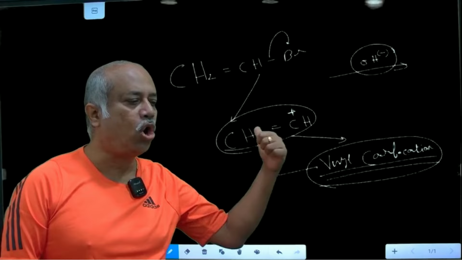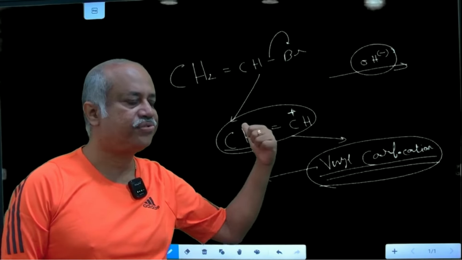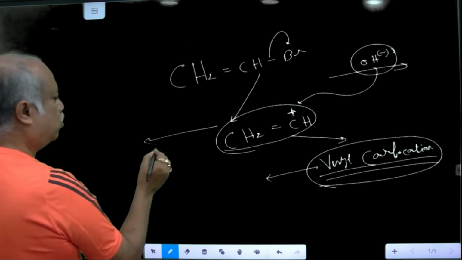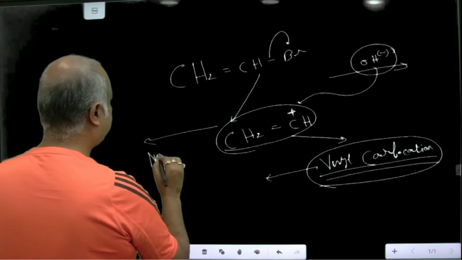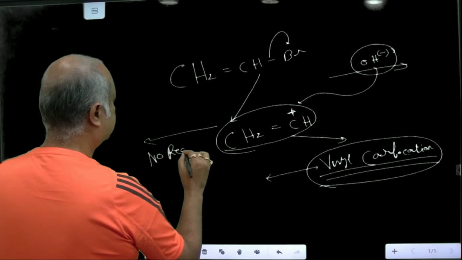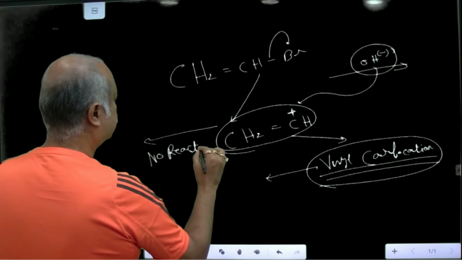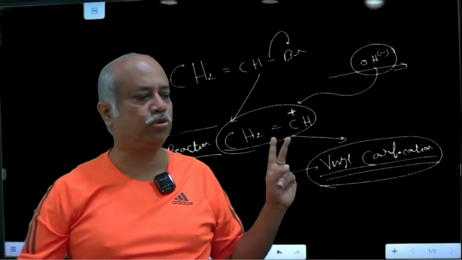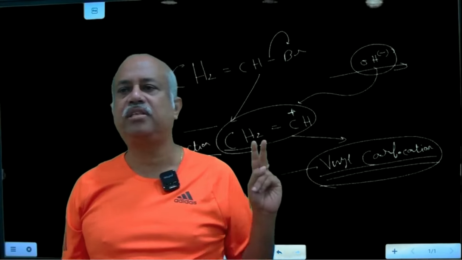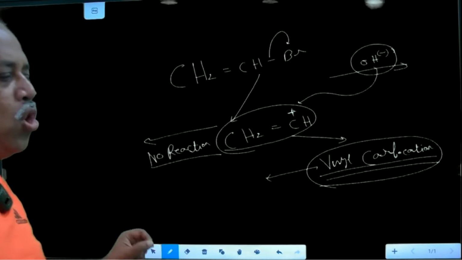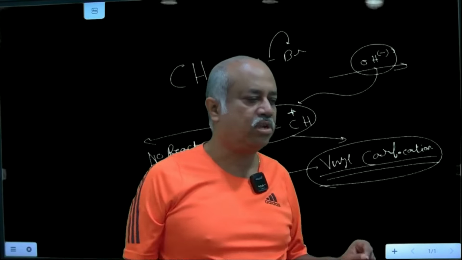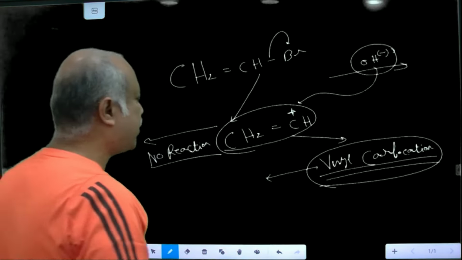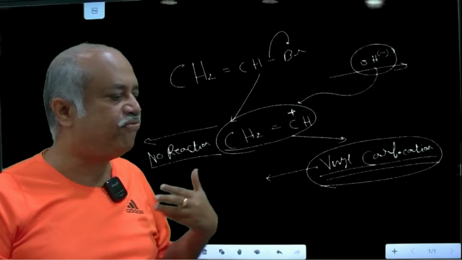That is also non-existence of carbocation. For this reason, if we take this one, that is also no reaction. So the first two reactions are not possible due to non-existence of carbocation. Next, I will take some various examples.